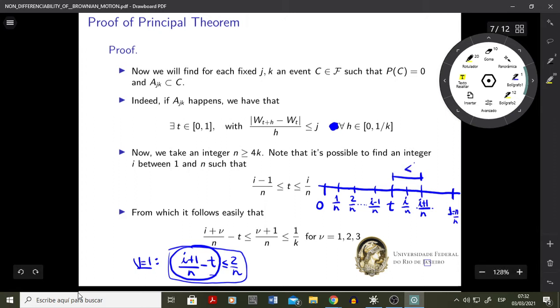This distance is less than 2 over n. And the same happens for all the other values.